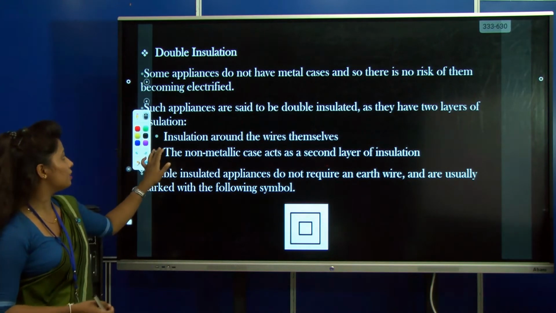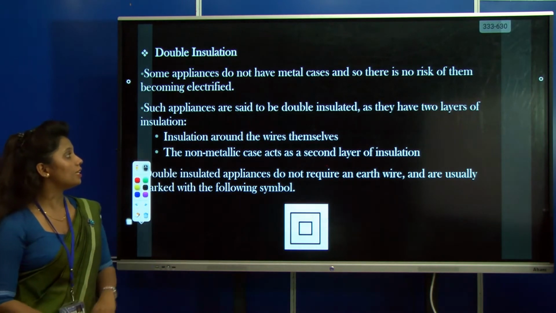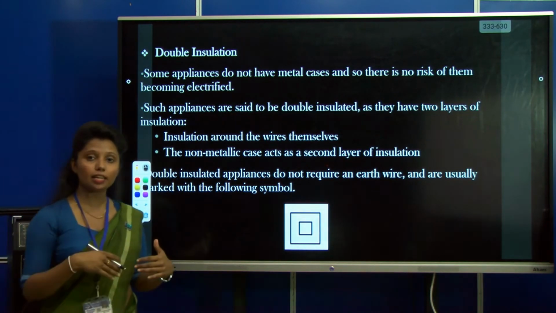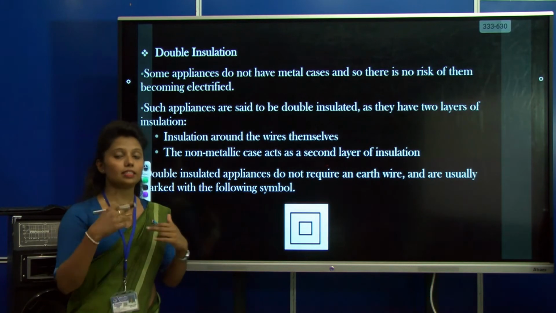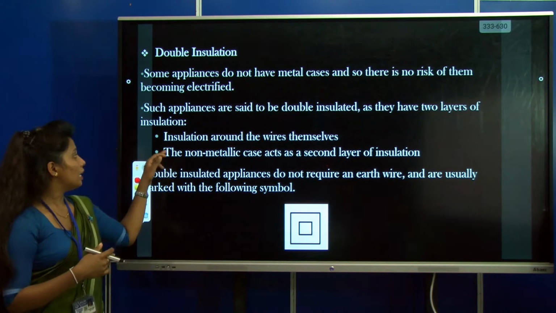How are these 2 layers there? Insulation around the wires themselves. Inside the appliance there are wires, and those wires are also insulated.